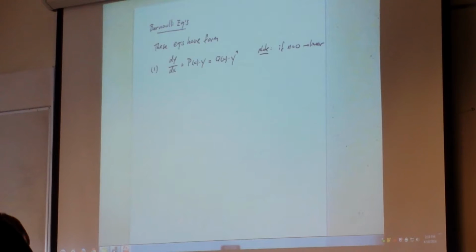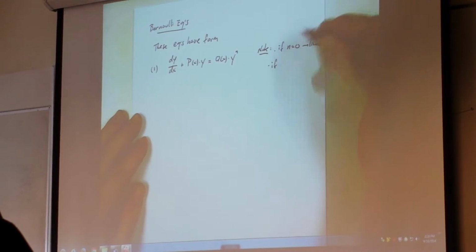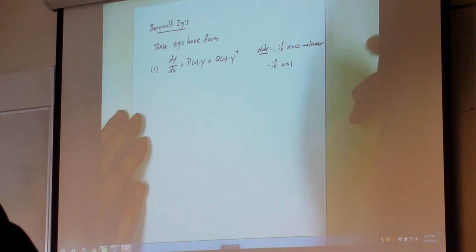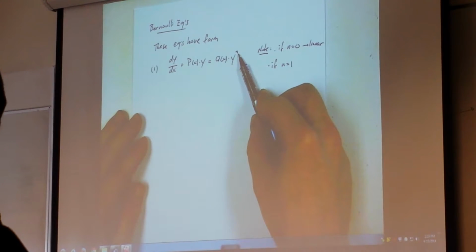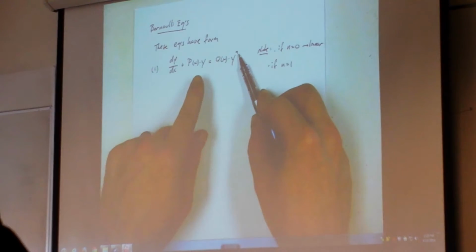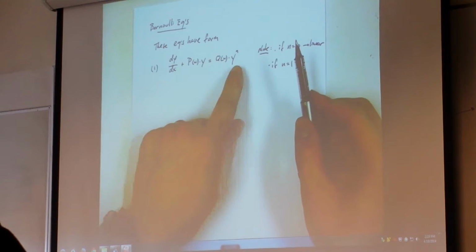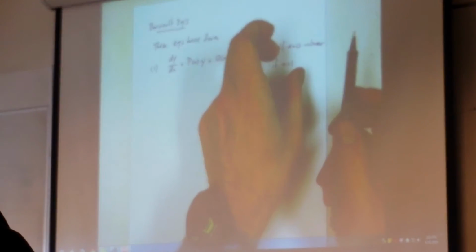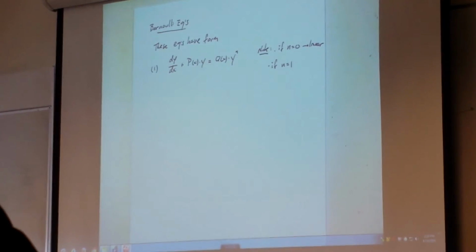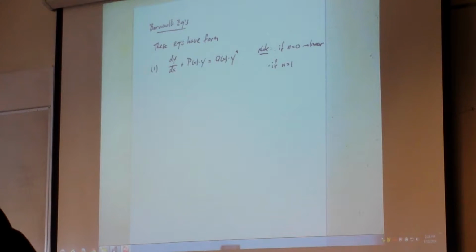So it contains linear as a special case. If, on the other hand, n equals 1, the exponent is 1 here, then I've got just factors of y on the same side. I could bring that p(x)y over to the other side, factor out the y, and that would be separable.